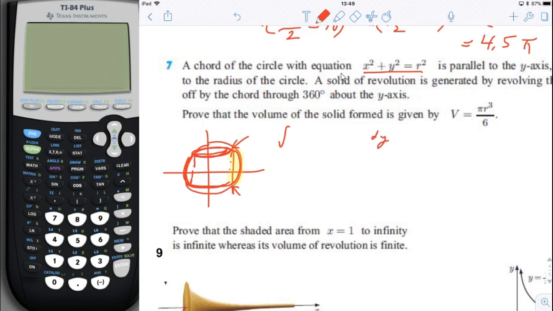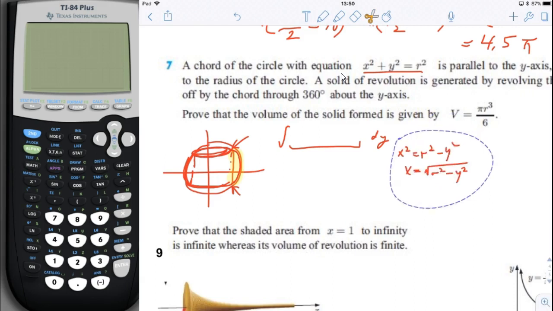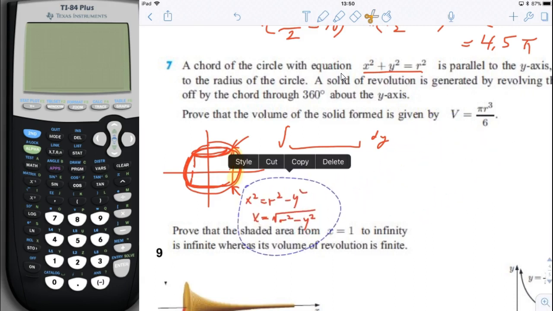So here we do want an expression with just y's in it, an x equals blah blah blah y equation, which we can find by subtracting y squared to the other side and then taking the square root. So it would be x equals the square root of r squared minus y squared, and that's what's going to go for one of our formulas. It would be that one, the outside formula, right?